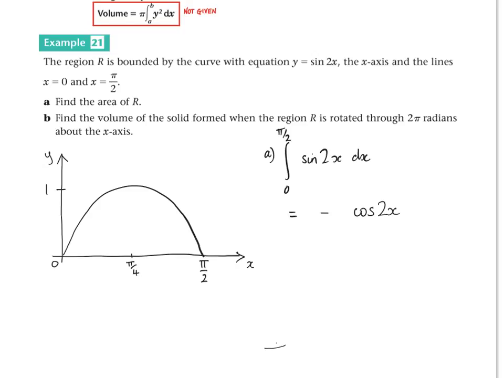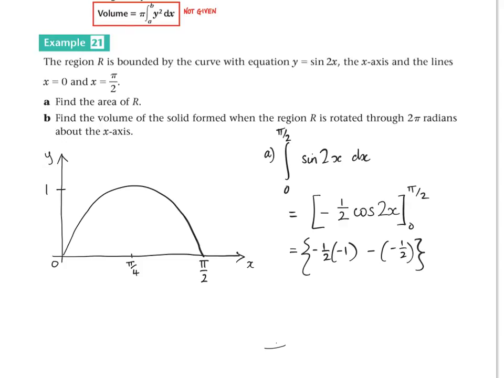Then we've got the chain rule happening here, so we've got to divide by the 2, so we get a half. And that's between 0 and pi by 2. If we put those values in, remembering we're working in radians, we get minus a half times minus 1, and then take away minus a half.